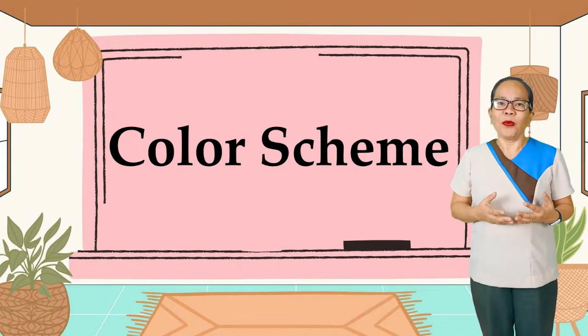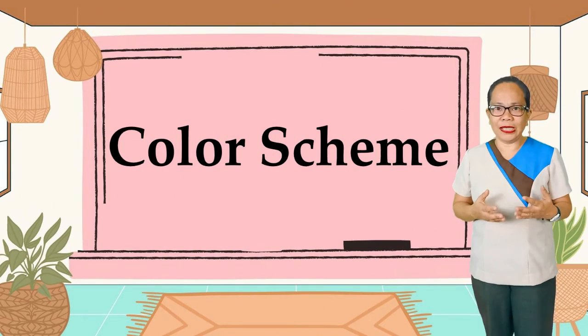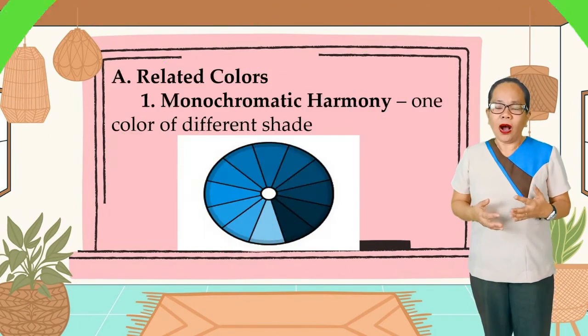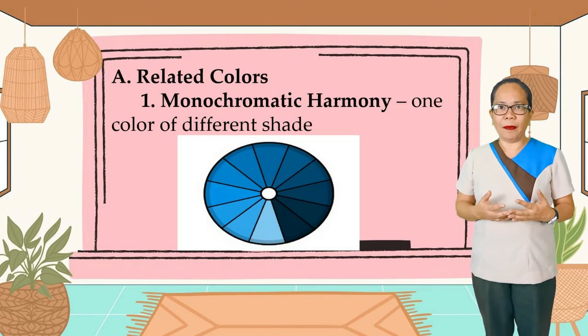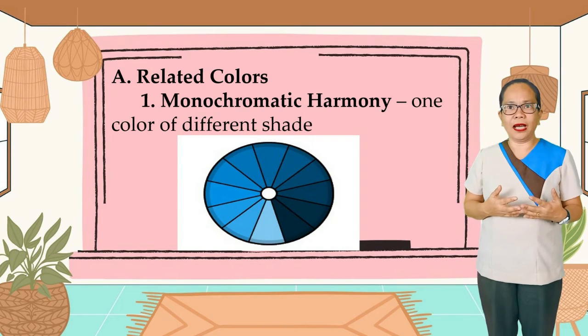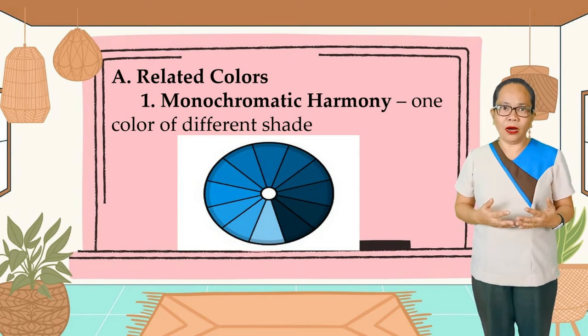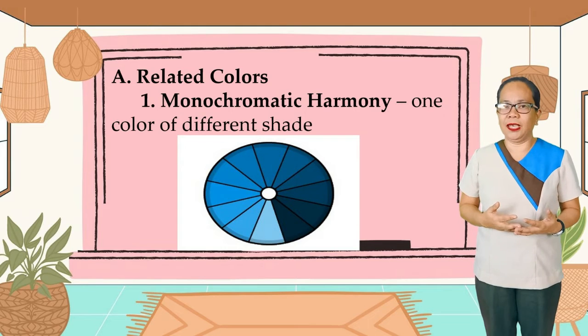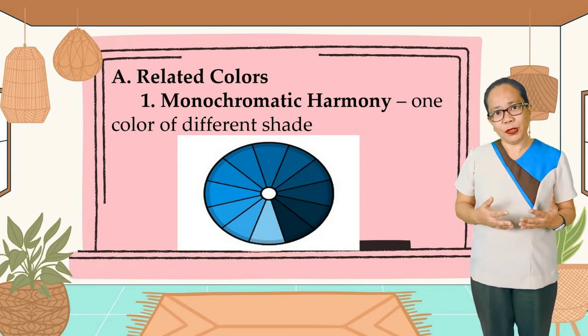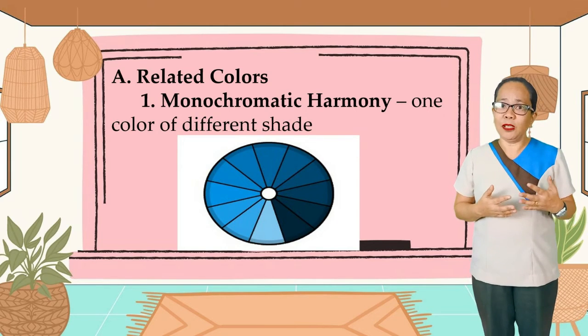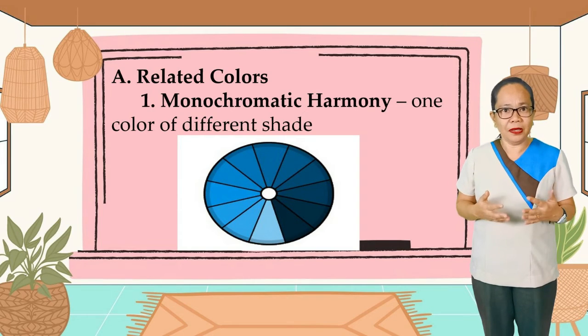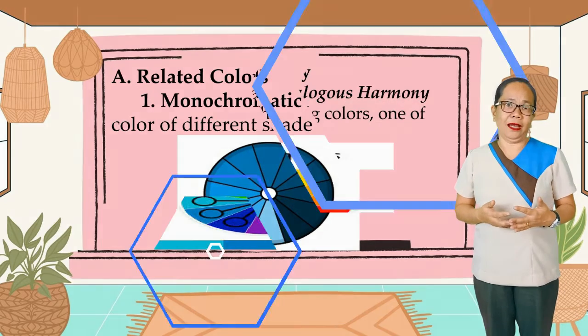Next, we have this what we call color scheme. Still, on the color wheel chart, kapag sinabi nating monochromatic harmony, one color of different shade. So, from the picture, one color which is blue, but of course with different shade. May dark, darker, darkest, may light then.